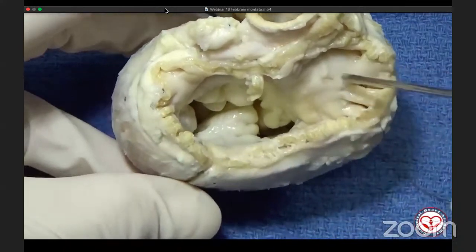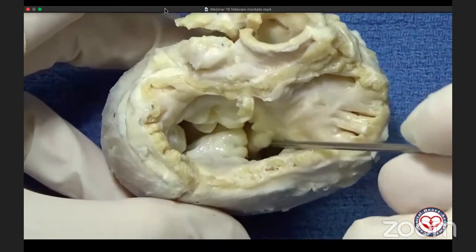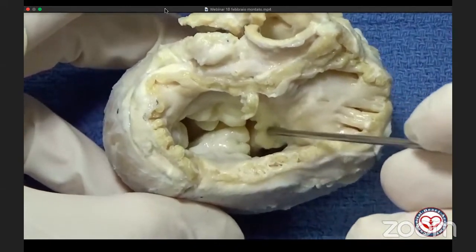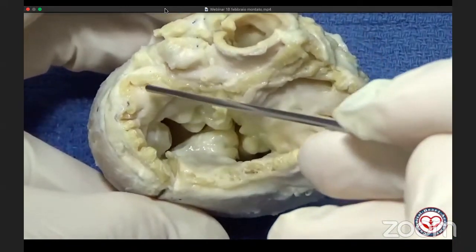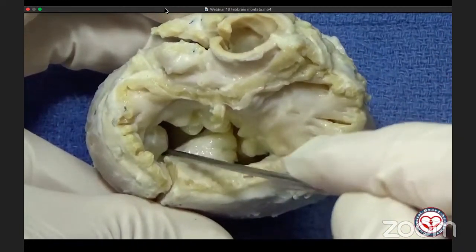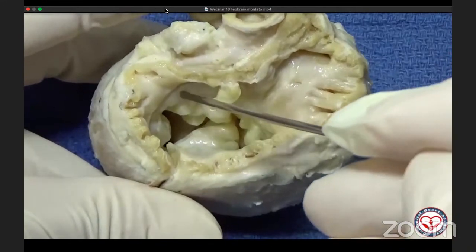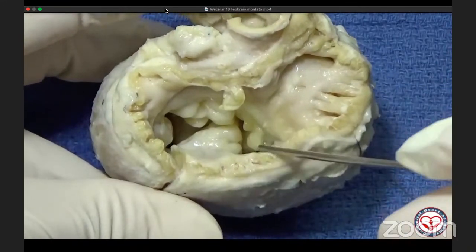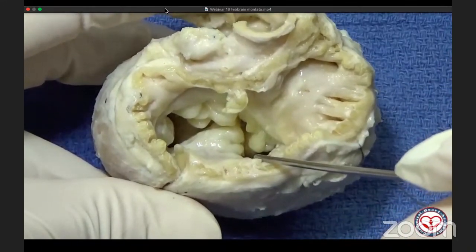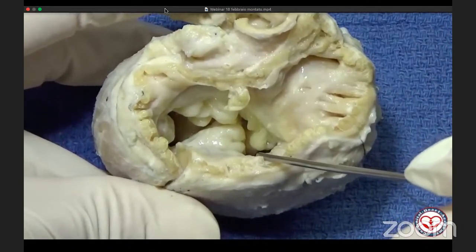heart. The right-sided morphologically right atrium is connected to a right-sided morphologically right ventricle, and the left-sided morphologically right atrium is connected to a left-sided morphologically left ventricle. And you'll see that there is a common atrioventricular junction, and this heart has biventricular and mixed connections.